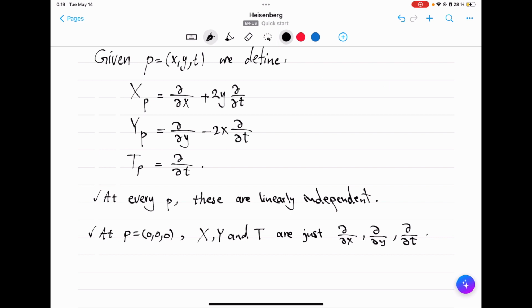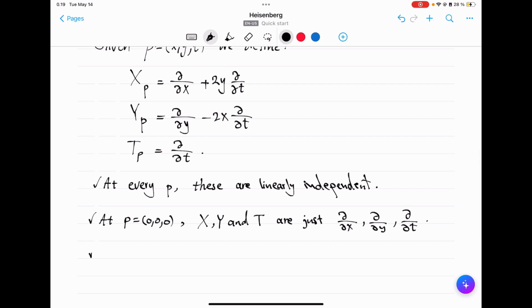So that is this. The other one is that the span of X_p and Y_p never contains the vector T_p.